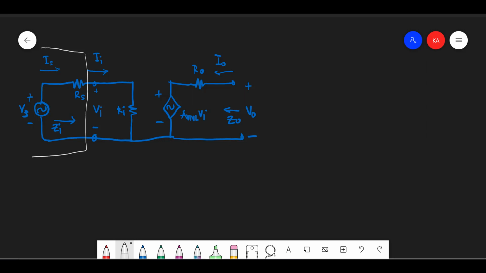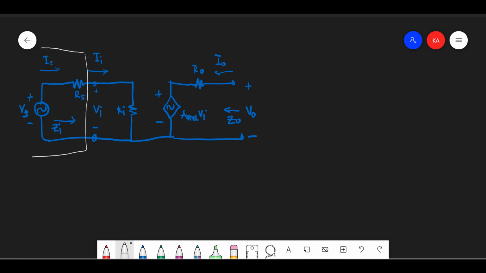In the application, the source resistance and the source voltage are like the block circuit before this amplifier, or if we connect to measurement instrumentation, it's like the signal source.